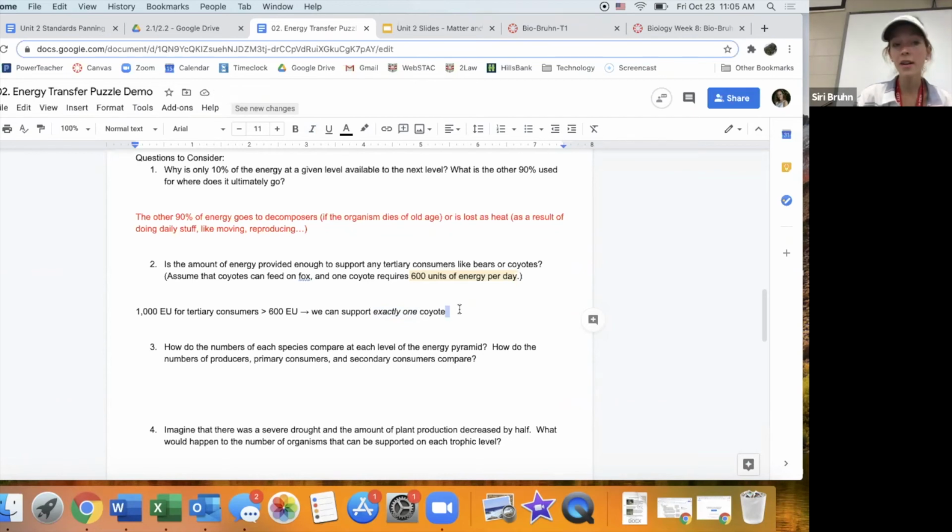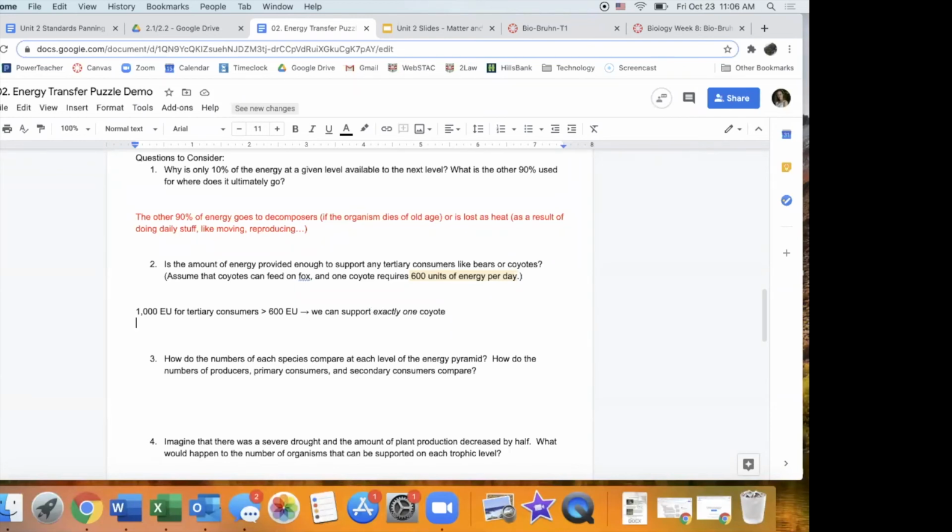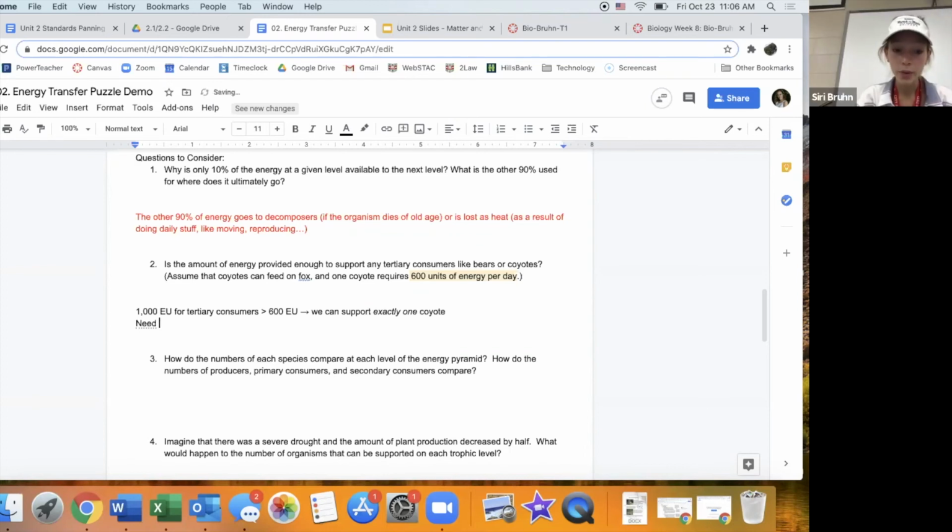So here's another way to put it: how long would a coyote population exist in my ecosystem? Is it going to be able to go on for generations? Nope, they can't reproduce if there's only one of them. So we need 2 to reproduce. So 1 does not make a population.